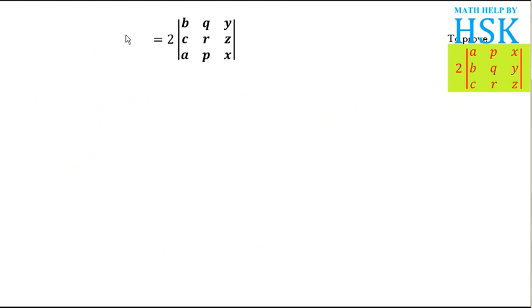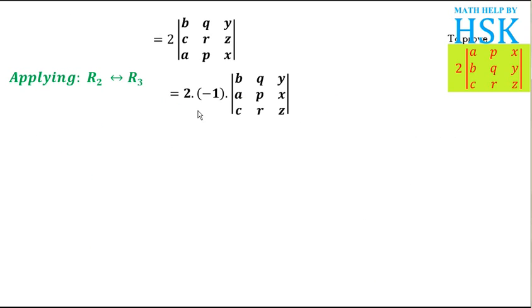Taking the determinant and applying R2 interchanged with R3, first of all I am going to interchange the rows R2 and R3. Whenever we interchange two rows, the determinant is multiplied by a minus sign. So this will be equal to 2 times minus 1, and here the elements of the third row, apx, are written in the place of the second row, and the elements of the second row are written in the place of the third row.